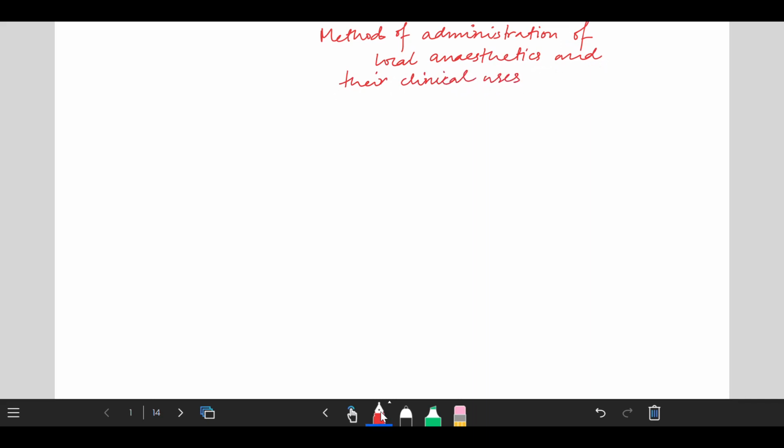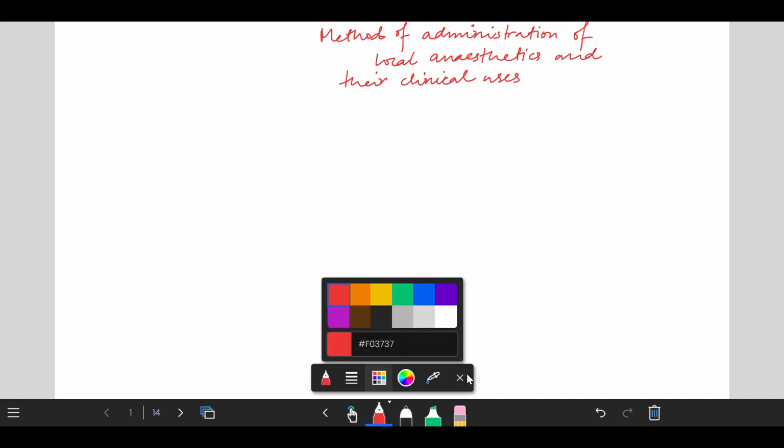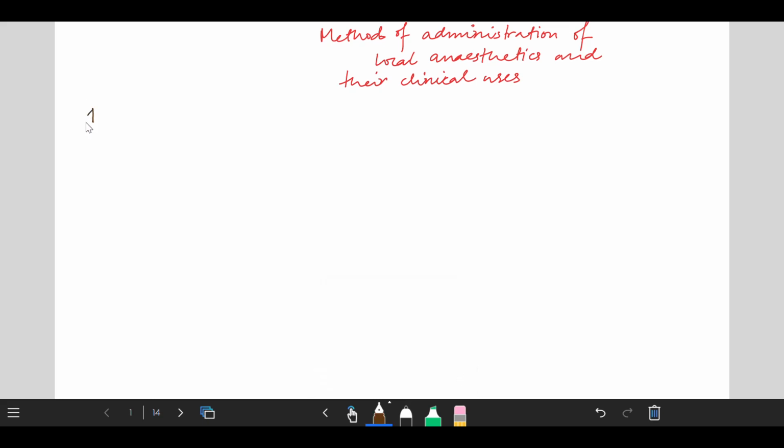Okay, so the first method is surface anesthesia.